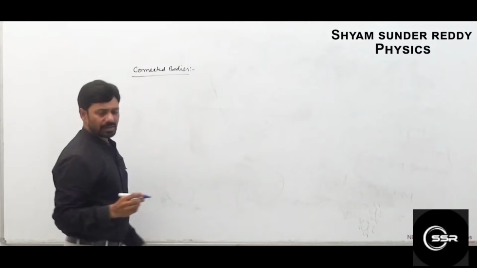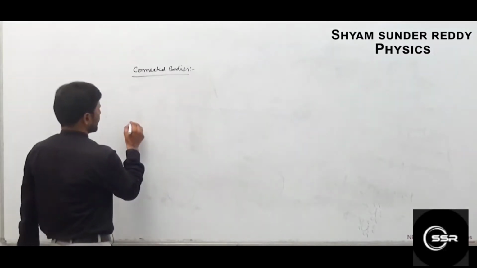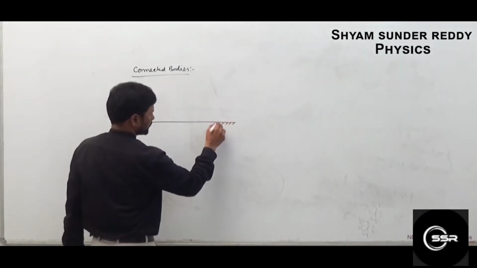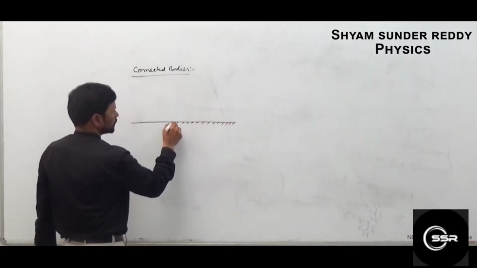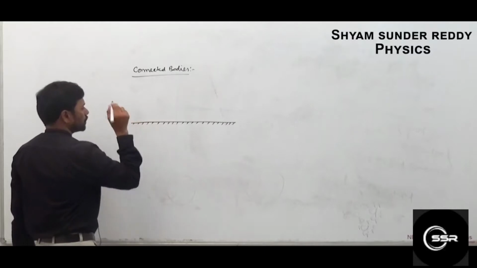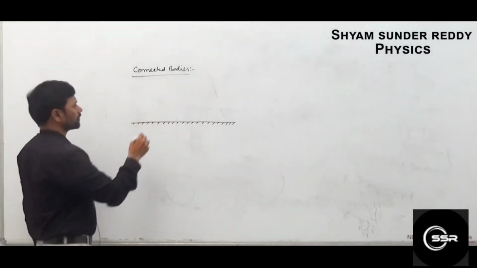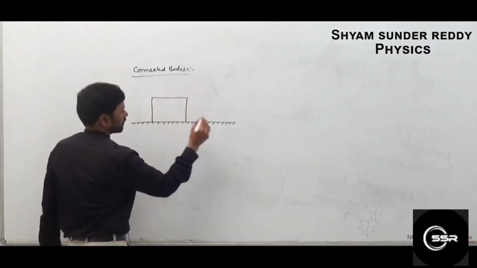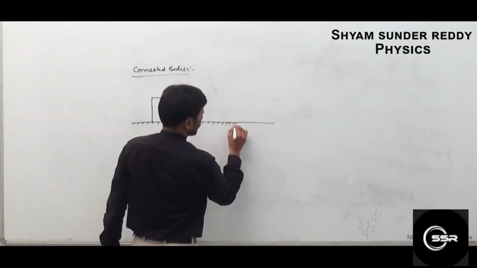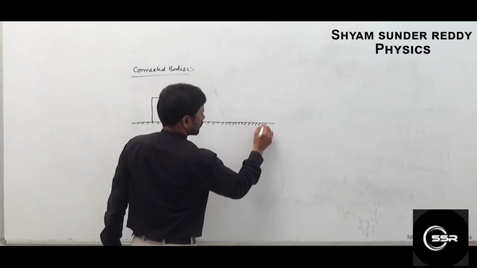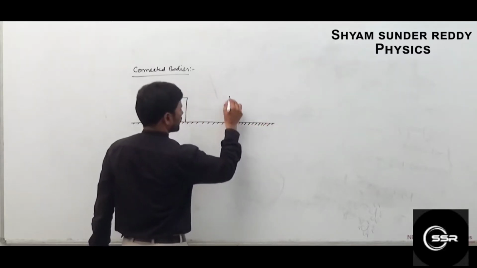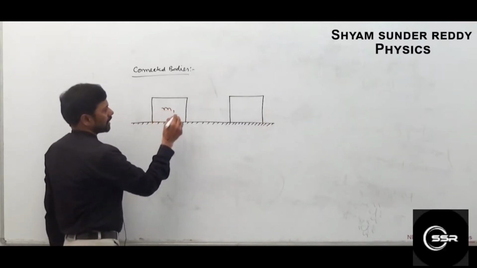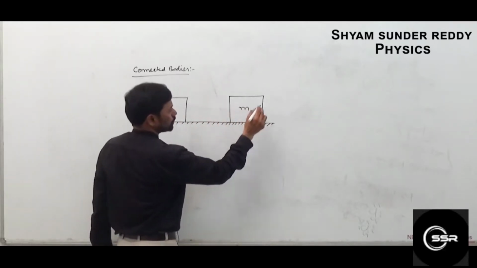On a horizontal surface, take one horizontal surface. This is the horizontal surface. On this, there are two blocks. Its mass is m1 and the other block's mass is m2.